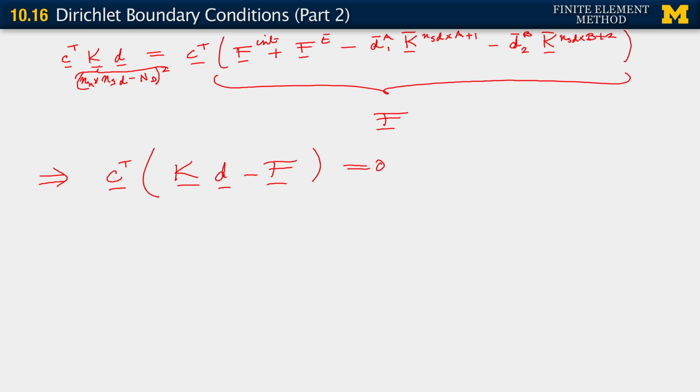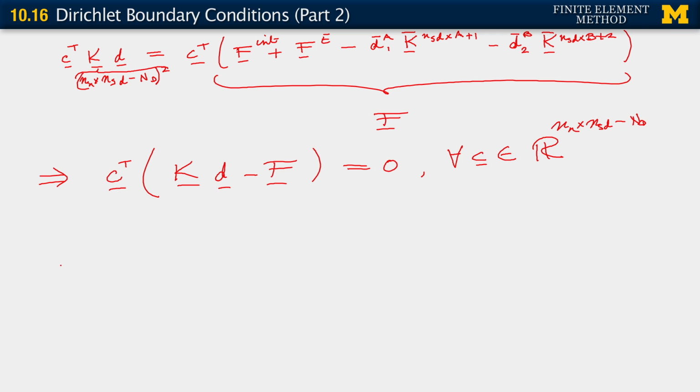Now, of course, we invoke our weighting function condition that our finite dimensional weak form must hold for all weighting functions in the appropriate space. That is enforced here by the requirement that the matrix vector equation on the last line of the slide must hold for all C vectors belonging to a Euclidean space of dimension number of nodes times number of spatial dimensions minus ND.